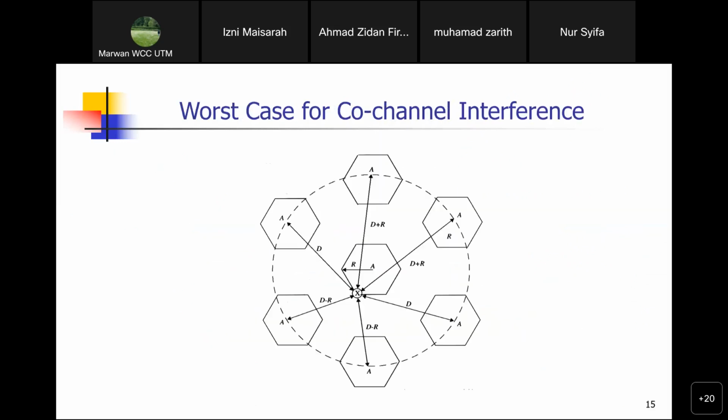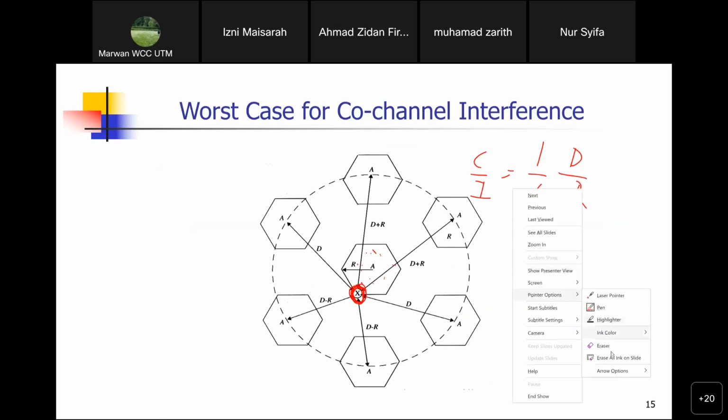Then we also have what we call the worst case co-channel. In the previous one, we approximated D divided by R, with 1 divided by 6, for C over I, because we just assumed the user to be around the cell. But if we assume the user to be at the cell border, then there are different D values.